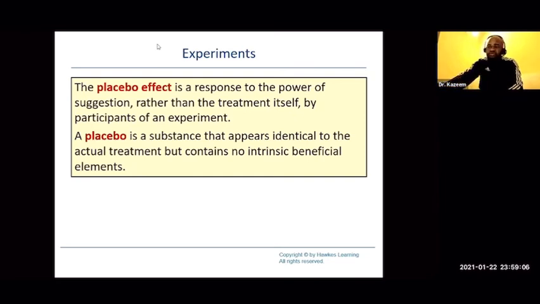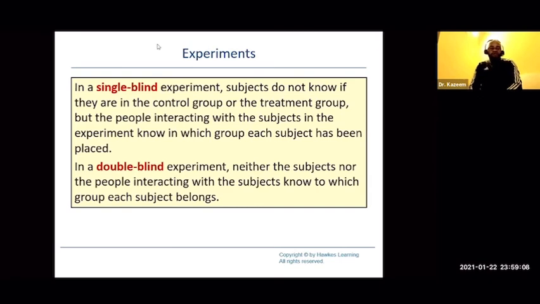Now, there's something that we call a single blind in an experiment, and there's something that we call a double blind. A single blind is when you don't tell the participants that they are being given a placebo. You don't tell them, because if you tell them they are being given a placebo, they're going to lose hope.